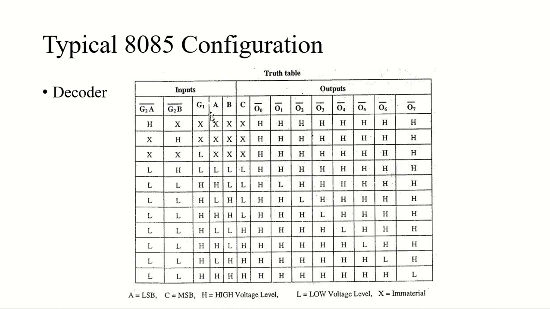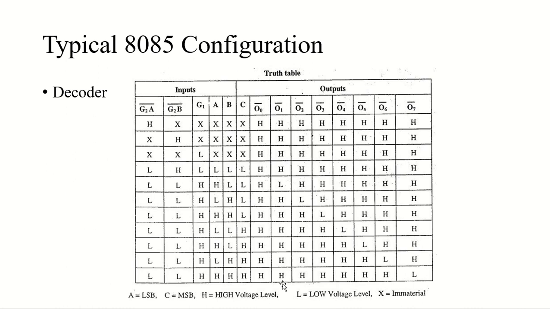Here you can see the 3 inputs A, B and C. There are 3 enables G1, G2B and G2A, and based on the different conditions and different inputs of A, B, C and G2A, G2B and G1, we will be obtaining different outputs, right?